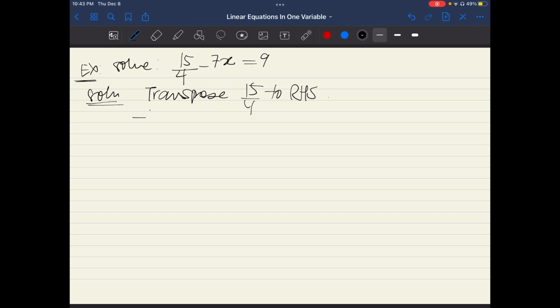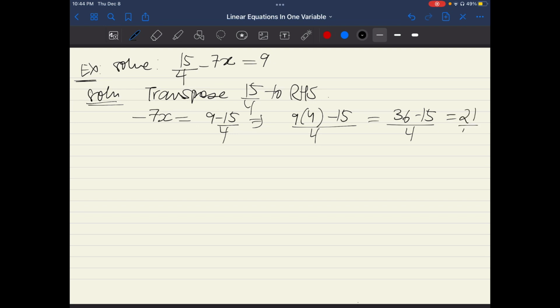We get minus 7x equals 9 minus 15 over 4, right? Which turns out to be 9 times 4 minus 15 over 4, which is 36 minus 15 over 4, which is 21 over 4. So we have minus 7x equals 21 over 4 for now.